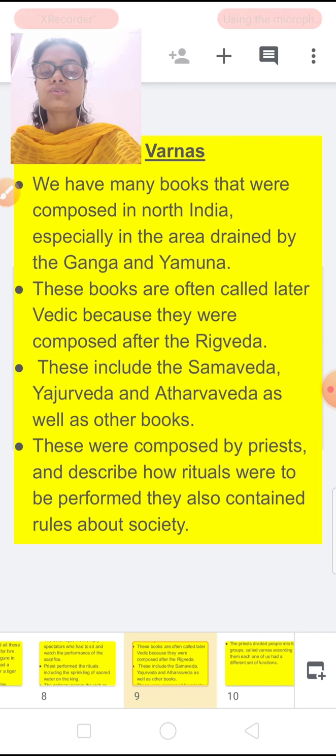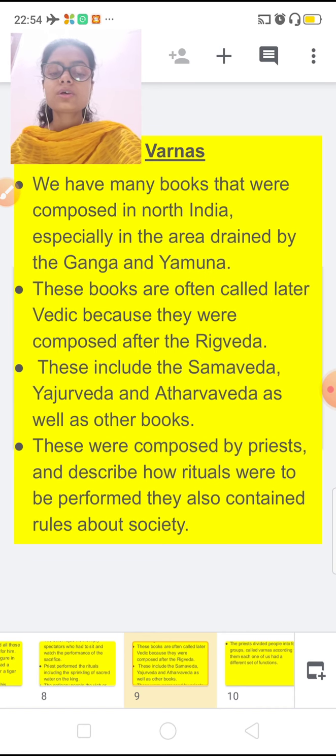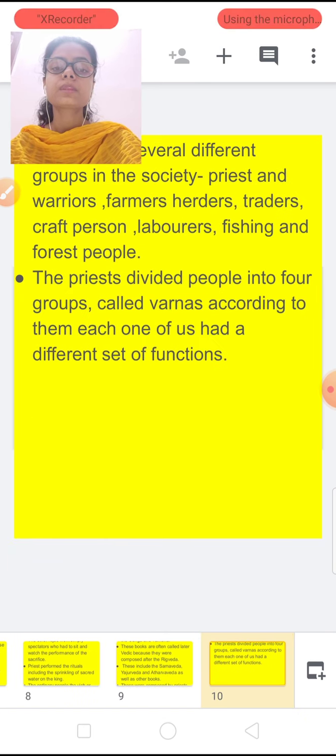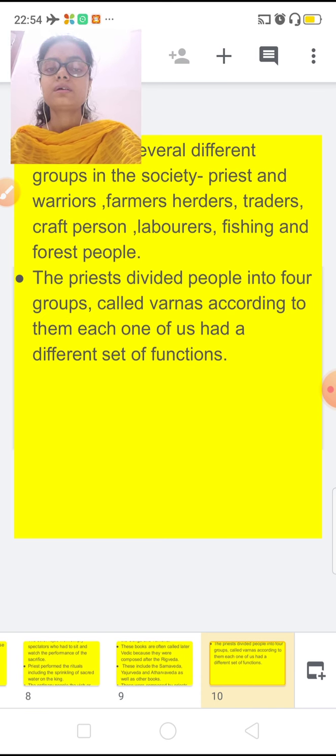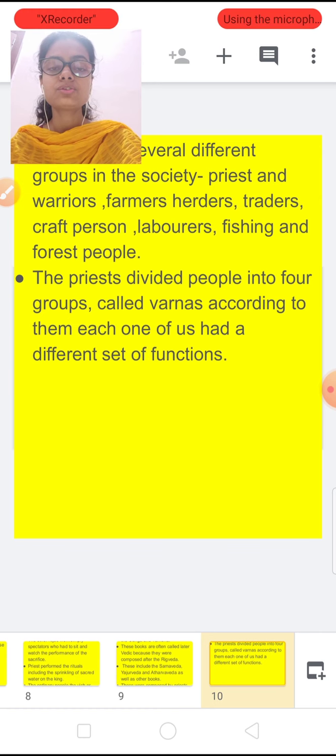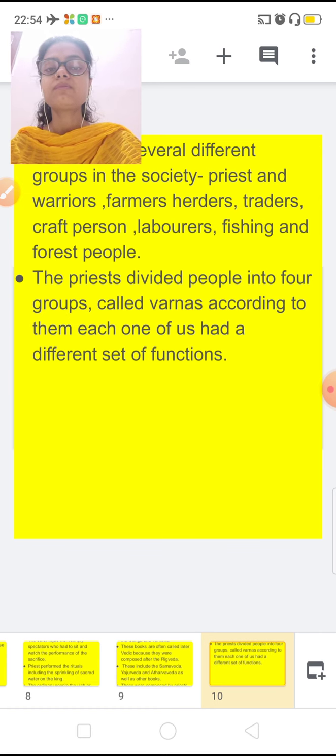These were composed by priests and described how rituals were to be performed. They also contained rules about society. Now, we have different kinds of groups in the society, like priests, warriors, farmers, herders, traders, craftspersons, laborers, fishing and forest people.